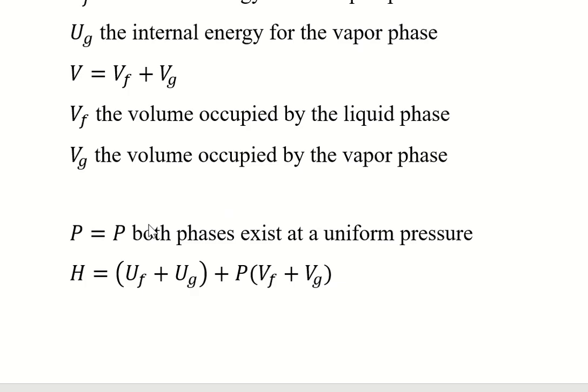And remember, if you've been following the entire playlist, for this system we're assuming a rigid container, like a water kettle, an electric kettle used to boil water. Its volume is rigid, it's not changing.